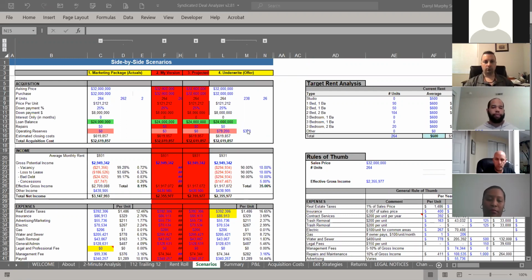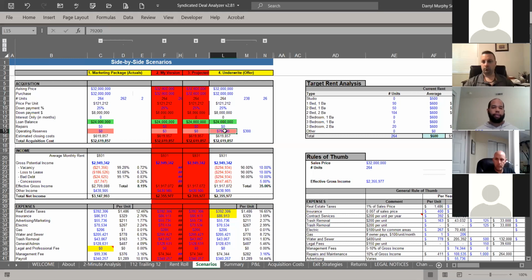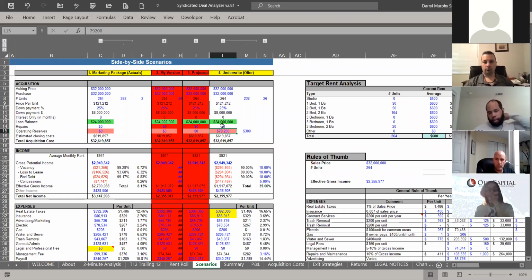Now, this could vary, and someone asked me a question last week, in reference, I think their capex reserve was a lot higher, and he asked, well, which one was right? Well, it depends on whatever your mentor says. If your mentor says use a sliding scale, then you use the sliding scale.